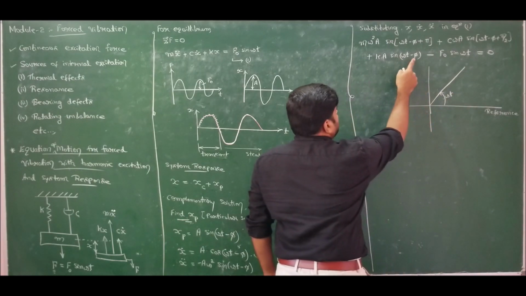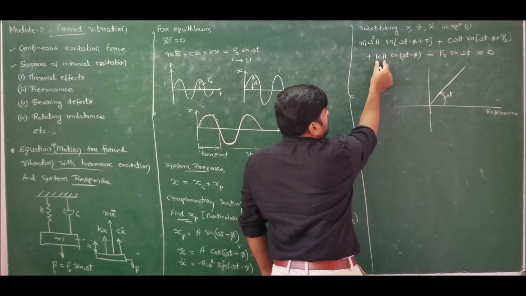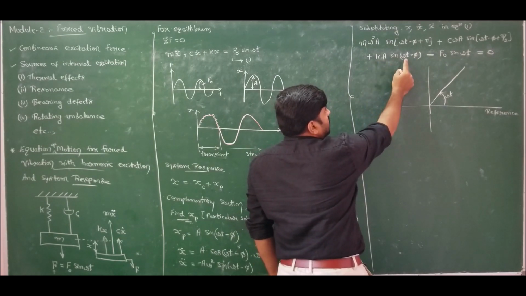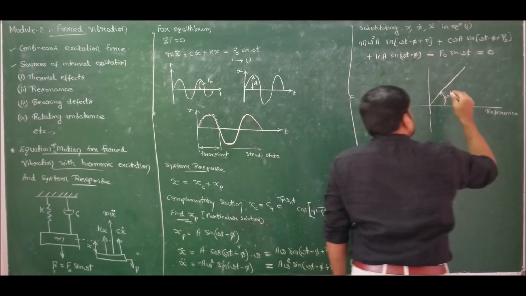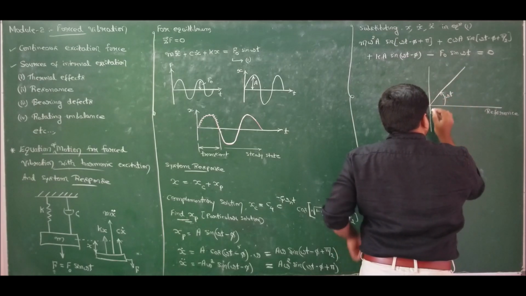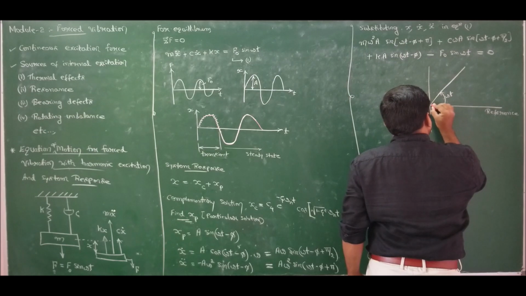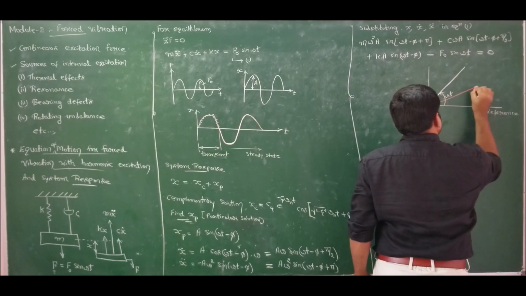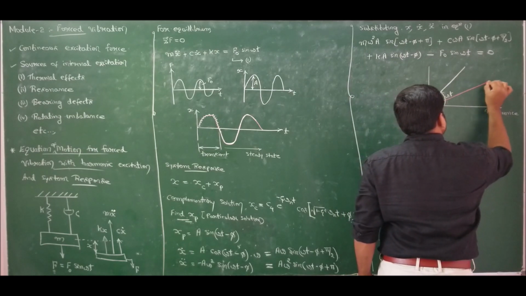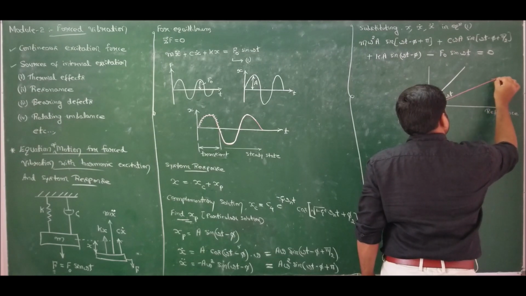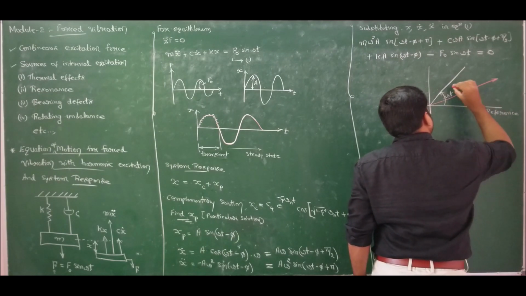Now, the spring force is acting at omega t minus phi. So remove phi from this, where you have the spring force. So the spring force Ka is acting at an angle omega t minus phi.